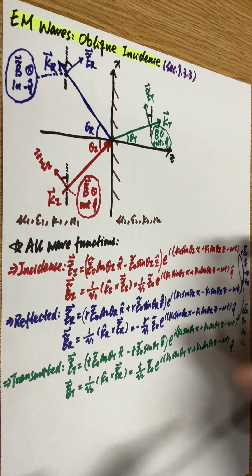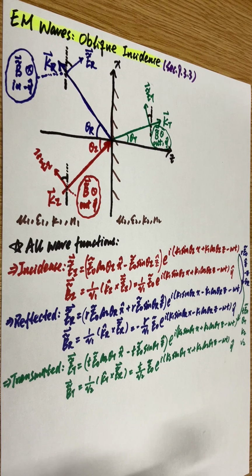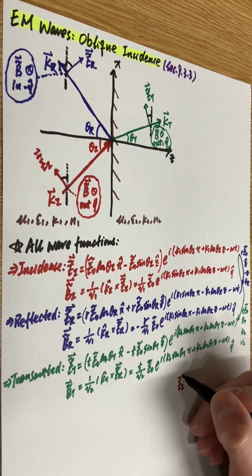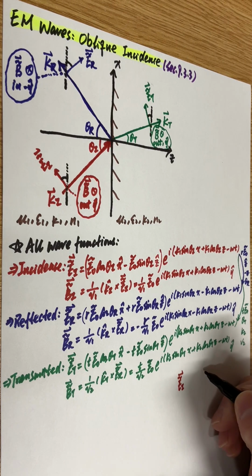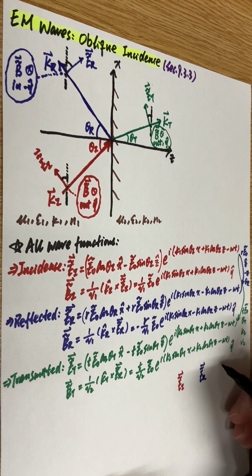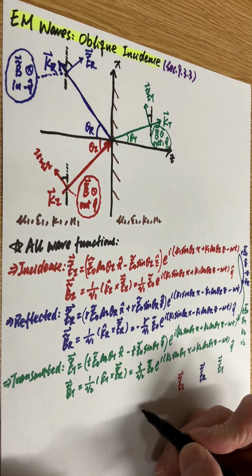Let's summarize these replacements in the wave functions neatly in a table. So we have EI, and then we have ER, and then we have ET. First we have amplitude.